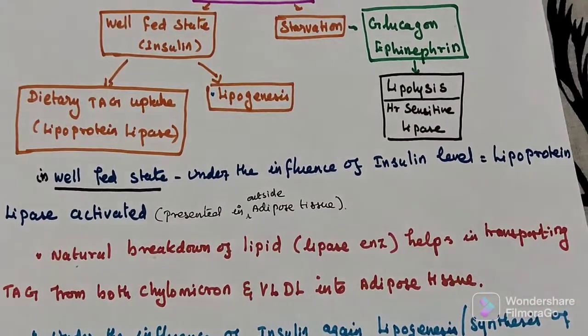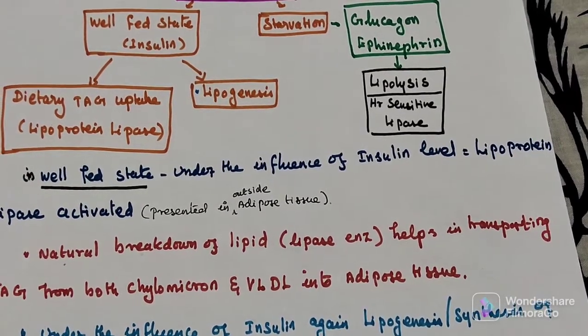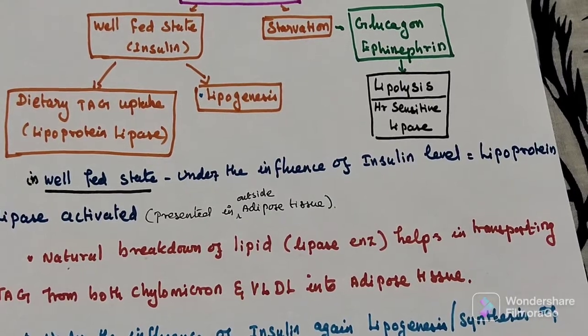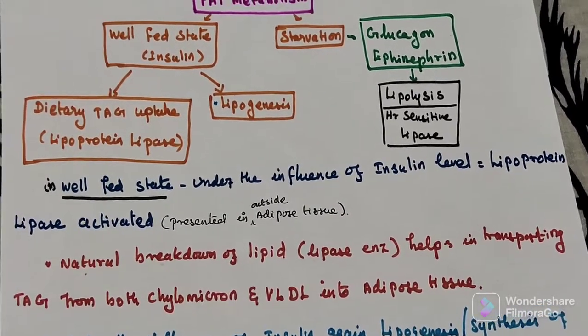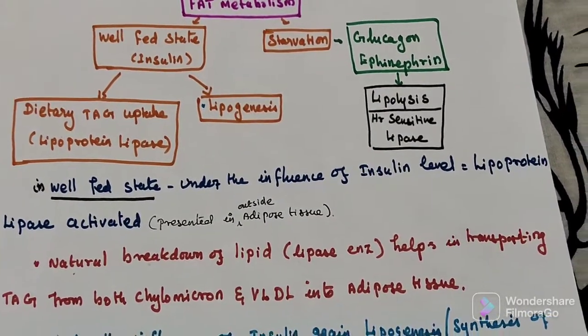In the starvation state, we need to break the fat, or lipolysis, and a crucial enzyme there is hormone sensitive lipase, which gets activated under the influence of glucagon and epinephrine.